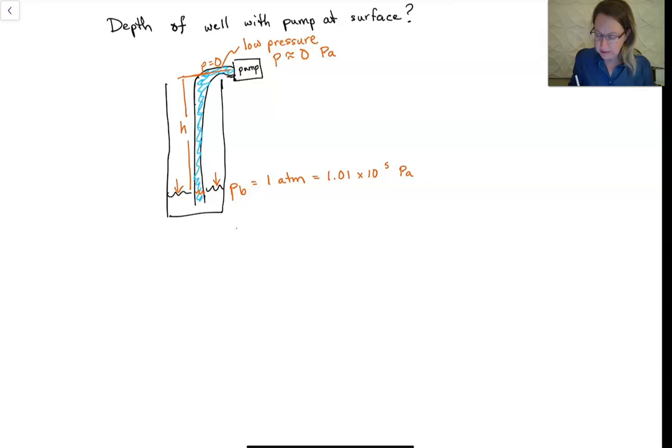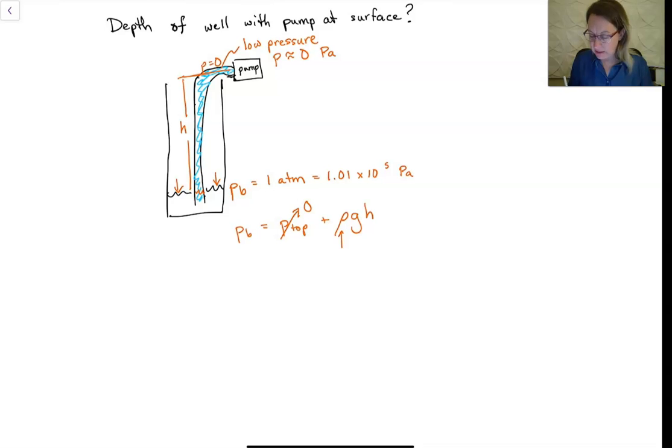And so what that says is that the pressure at the bottom equals the pressure at the top plus rho gh. And the pressure at the top is going to be approximately 0, low pressure at the pump end.